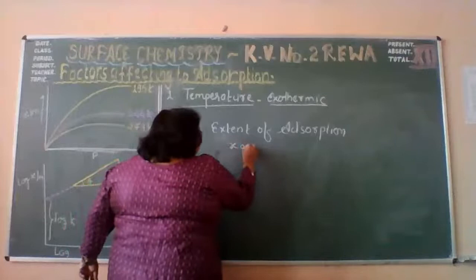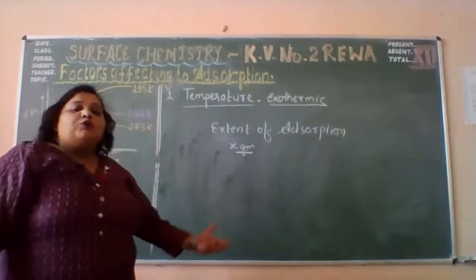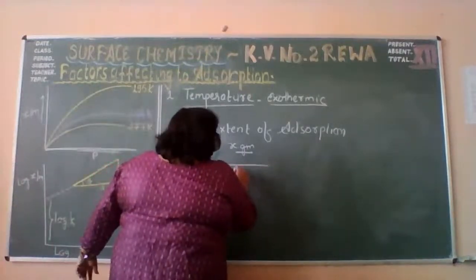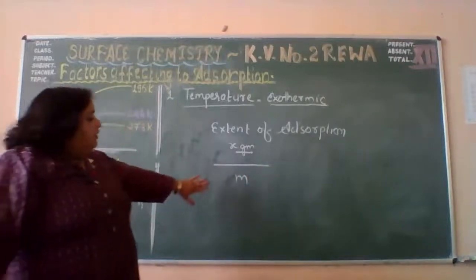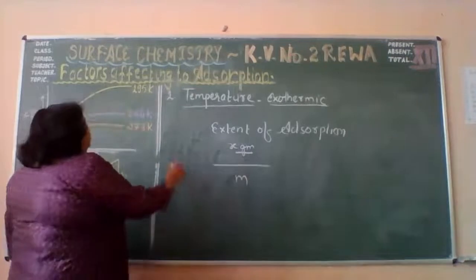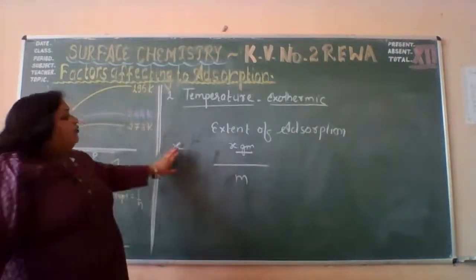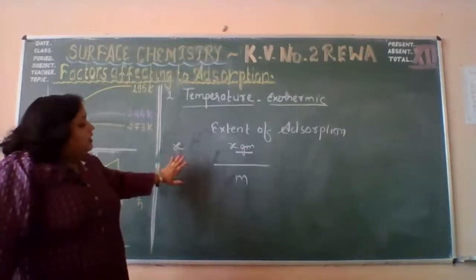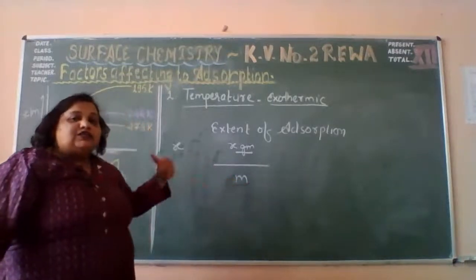If x gram is the amount of the adsorbate that is going to be adsorbed on the surface of the adsorbent having the mass m, this x upon m, x is the gram of the adsorbate adsorbed by the m mass of the adsorbent.